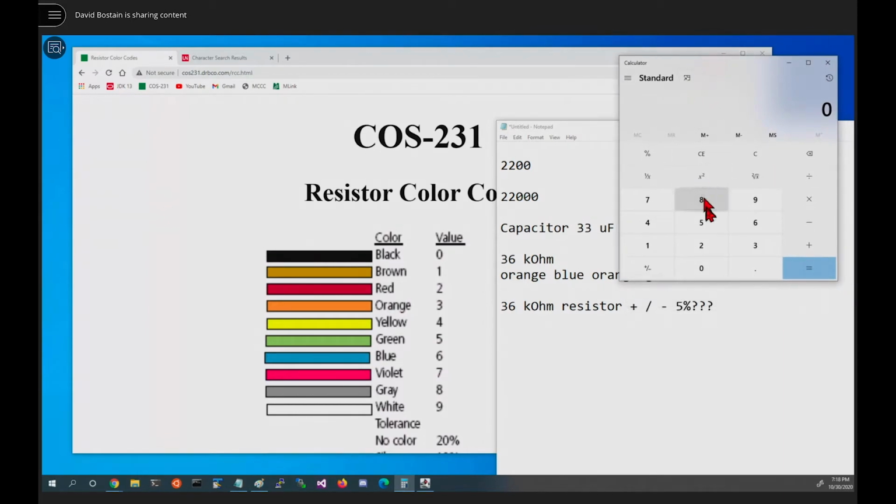What's 5% of 36,000? 36 times, what am I going to multiply it times? 0.05, right? That's 5%? Yep.